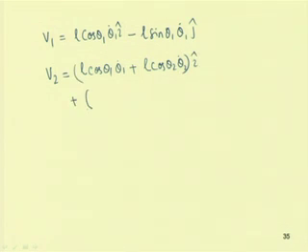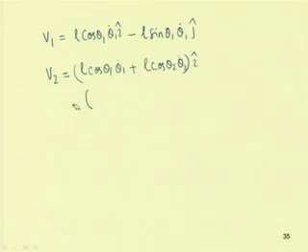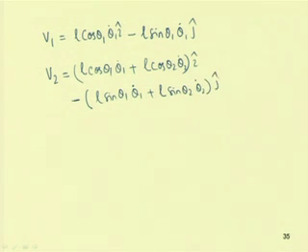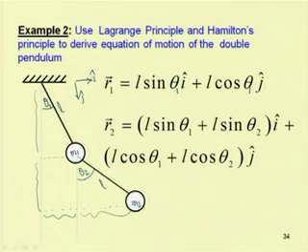In j direction, differentiating that, it becomes minus L sin theta 1 theta 1 dot, so the sign will be different, minus L sin theta 2 theta 2 dot. So, we got the velocity in I and j direction for the first mass and then for the second mass.